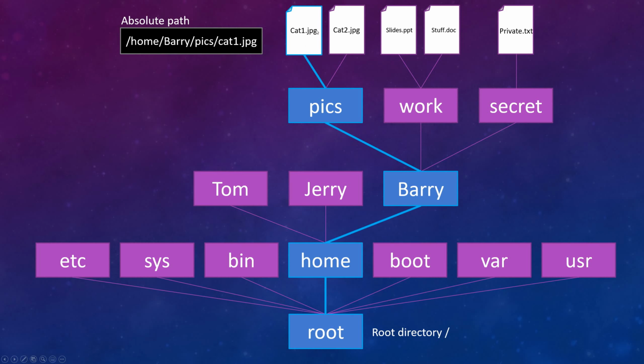So in this case, the file cat1.jpg has what's called an absolute path, an address, which is / representing the root directory, and then the list of all the directories that we need to traverse in order to get from root to our file. So in this case it's /home/Barry/pics/cat1.jpg. Similarly, this one up here would be /home/Barry/secret/private.txt.